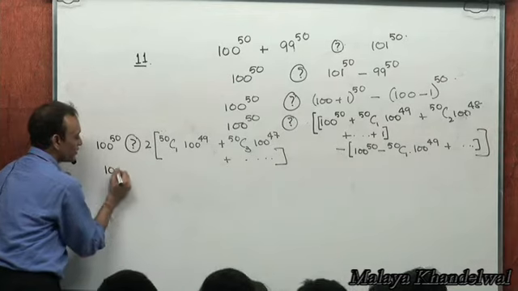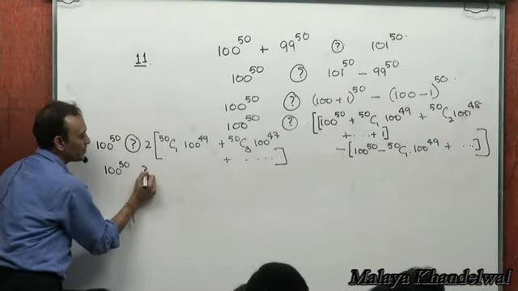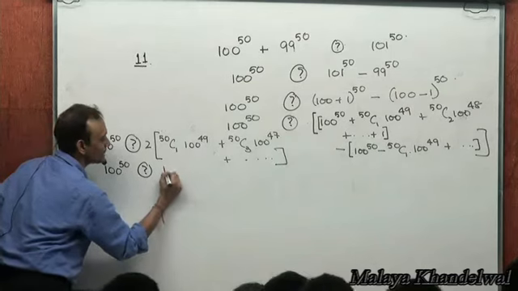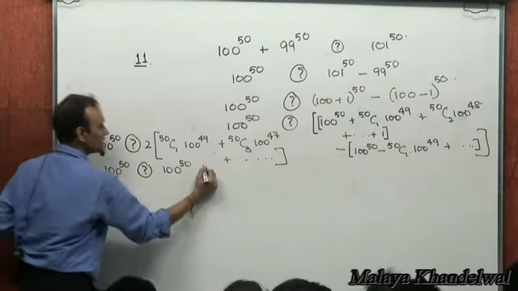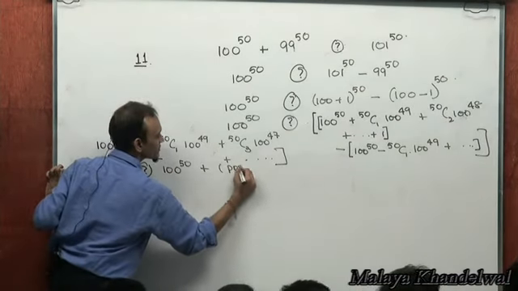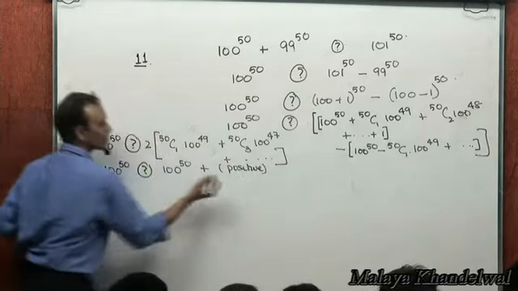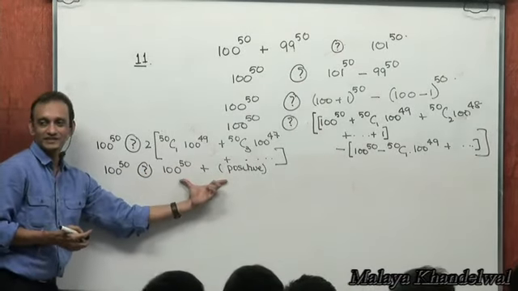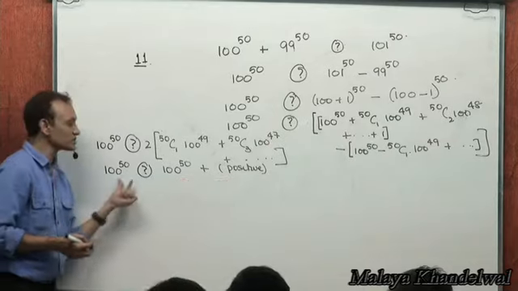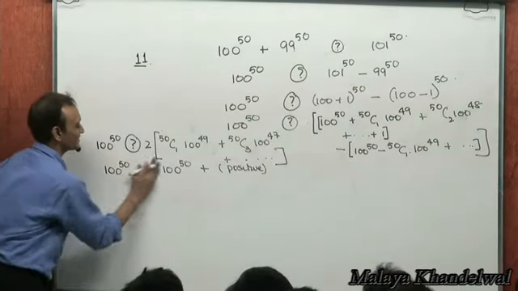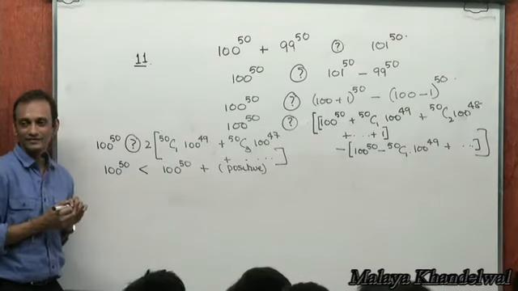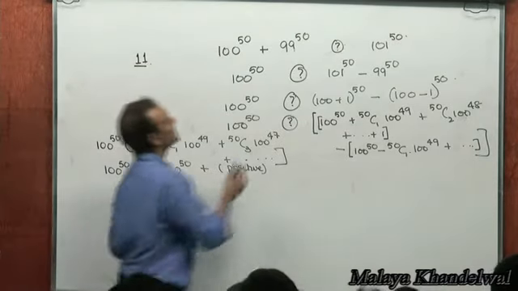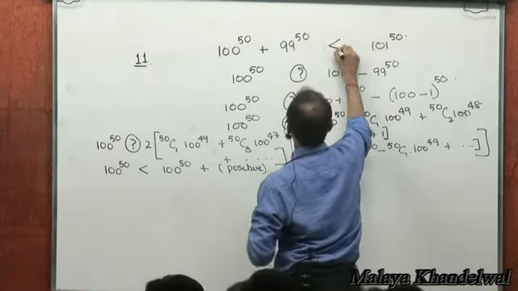So we have 100 to power 50 being compared with 2 into 50 into 100 to power 49, so that makes it 100 to power 50 plus some more positive terms. Which is bigger? This is bigger, this is smaller, right? So replace the question mark with the less than sign.